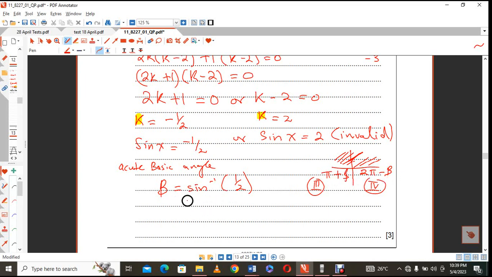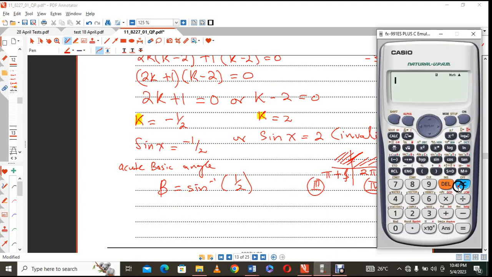Anyway, if you know the inverse sine of 1/2, that gives you 30 degrees, or 30 degrees is pi upon 6. Of course, you can always work it out by using shift inverse sine of 1 over 2, and you hit enter and you get pi over 6.